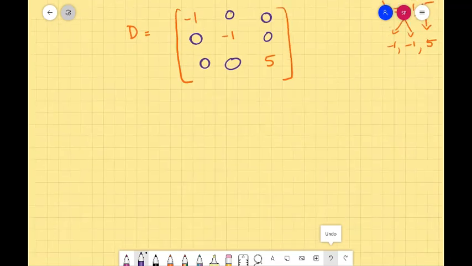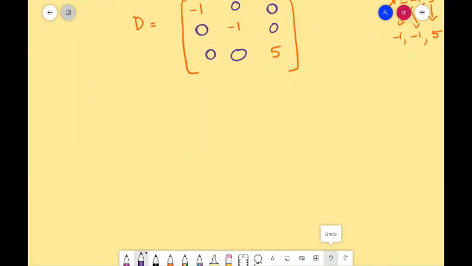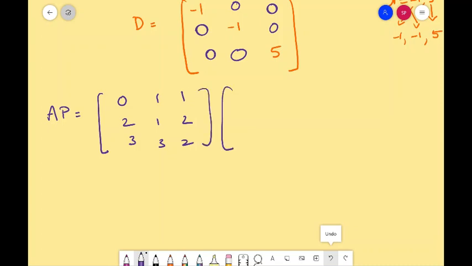Now let us see what is A into P. So A is 0, 1, 1; 2, 1, 2; 3, 3, 2, into P is equal to minus 1, 1, 0; minus 1, 0, 1; and 1, 2, 3, just to find the product.